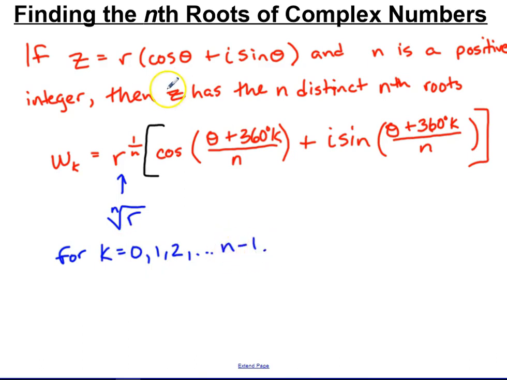Again, we can add on 360 degrees n minus 1 amount of times, making full revolutions around the polar plane, and those are going to create different angles because we're dividing different values by n. You're going to see that when we work out the example. Okay, so let's get in and check this out.